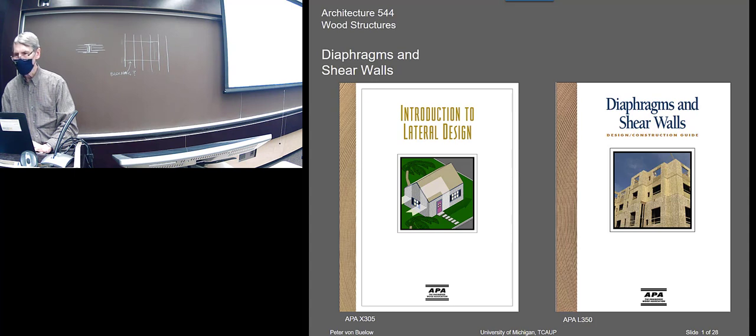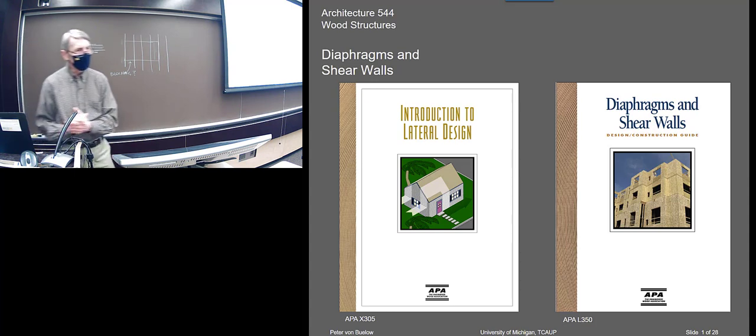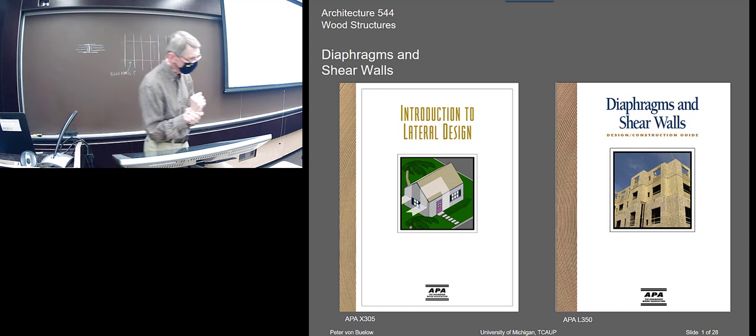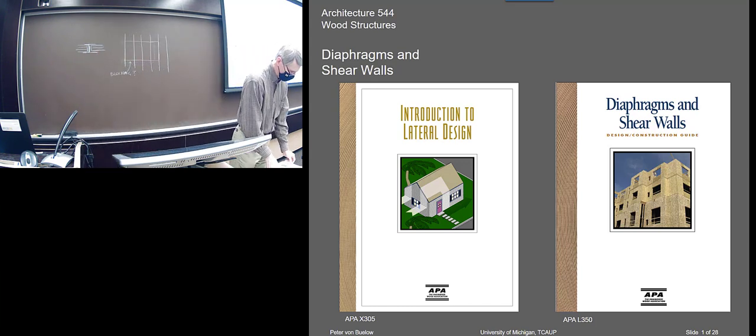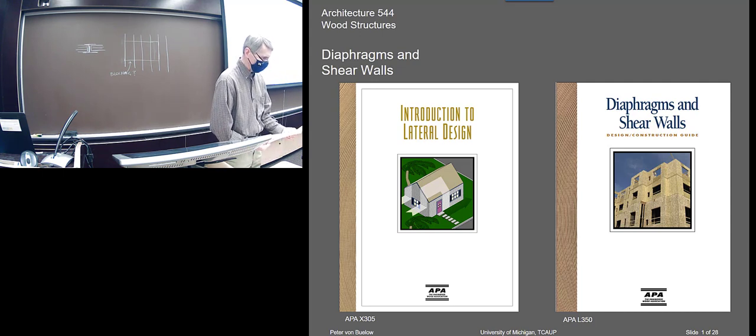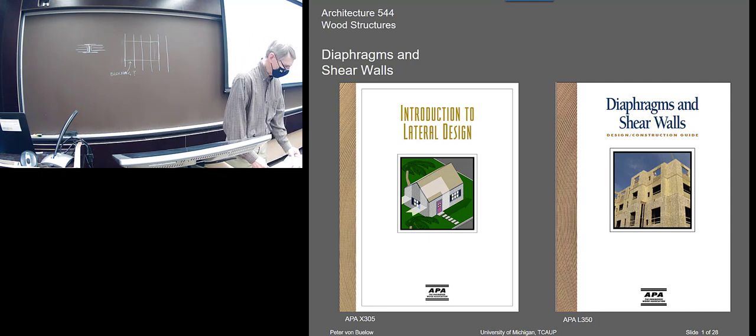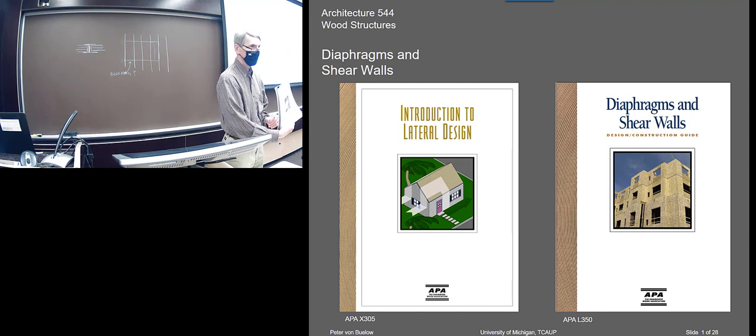There we go. Okay. So, a couple other pieces of APA literature here. Hopefully these are also posted. This is a real nice piece of literature explaining lateral loads and resistance to lateral loads.